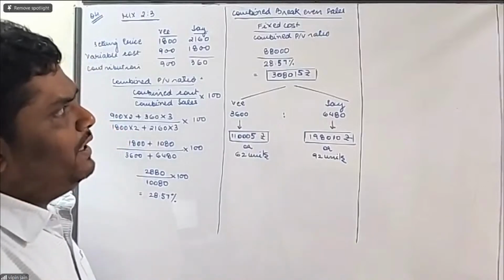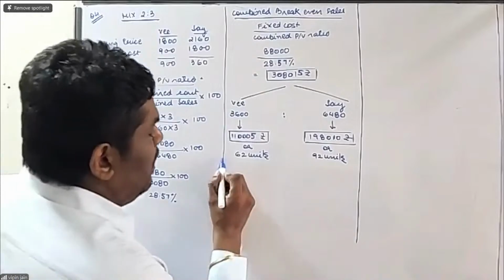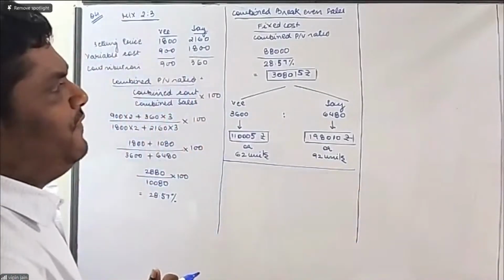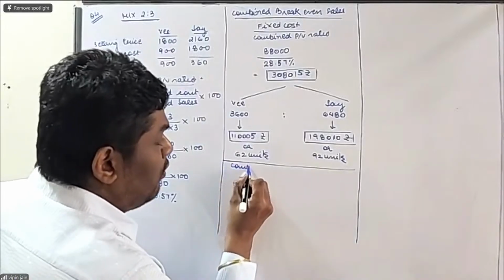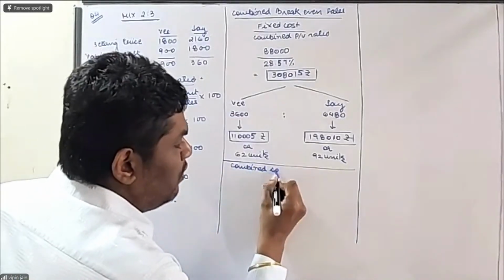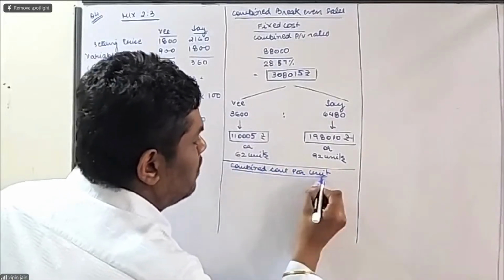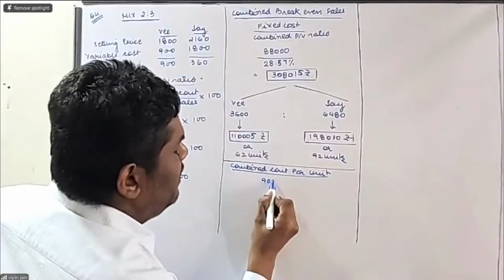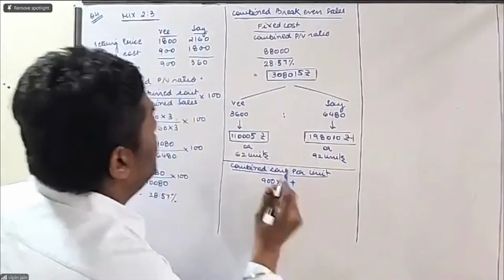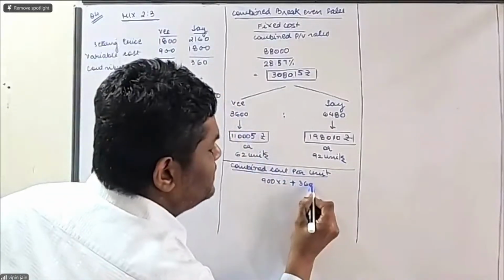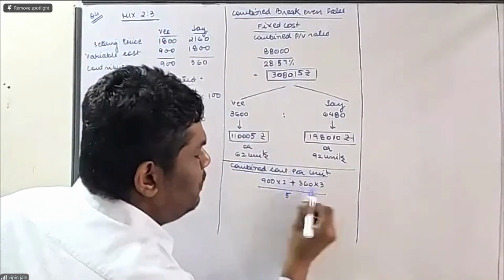Units, again, we can calculate in a different way also, wherein we will calculate the combined contribution per unit. My contribution is 900 for V and the impact of the quantity is 2, plus the contribution for J, it is 360 and the impact of the quantity is 3, divided by 2 plus 3, so 2 plus 3 is 5.